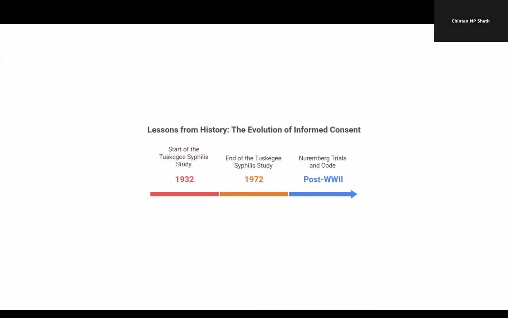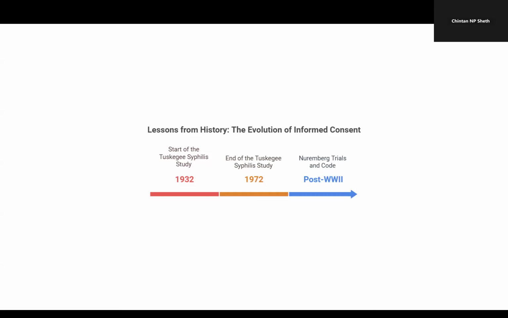Now let's move on to the topic of the evolution of informed consent. Why do we have informed consent? Have you ever heard of the syphilis study? From 1932 to 1972, researchers withheld information from African American men to study untreated syphilis without their knowledge or consent. This led to outrage, which is obvious, and led to the creation of strict ethical guidelines.